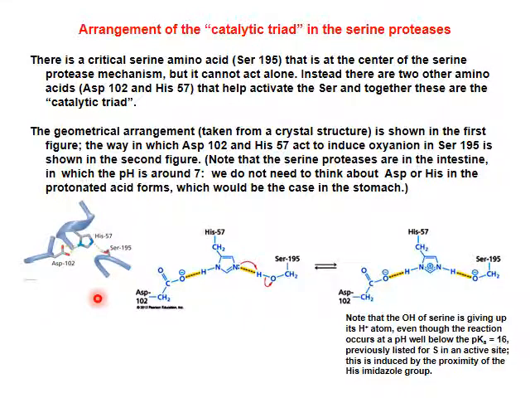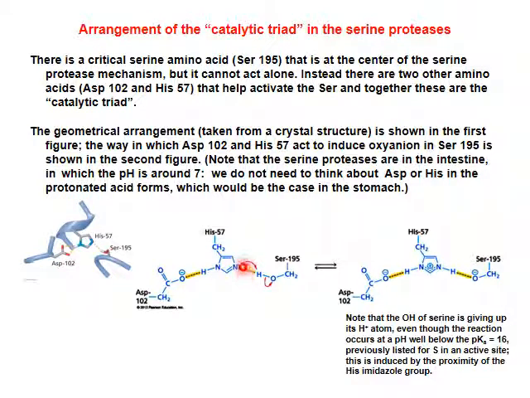Here's a diagram taken from the structure of the enzyme, showing the proximity and their location along the backbone. We can strip that away and look at the hydrogen bonding interactions between these residues. You're looking at an aspartic acid that's deprotonated, interacting with a hydrogen on histidine through a hydrogen bonding interaction.